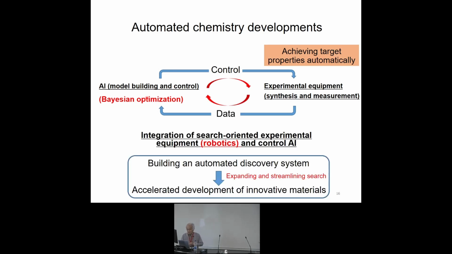So namely, integration of experimental equipment, namely a robot, and control AI is realized here. By using this robot, we can build up an automated discovery system. So we can get expanded and streamlined search. Finally, we can get the usefulness of accelerated development of innovative materials.